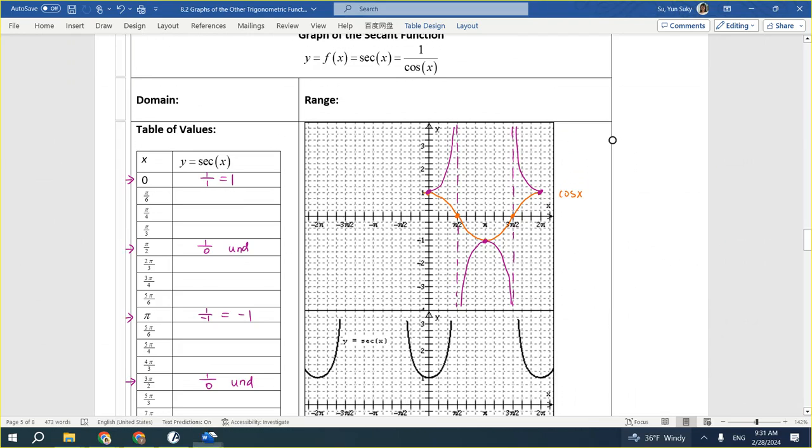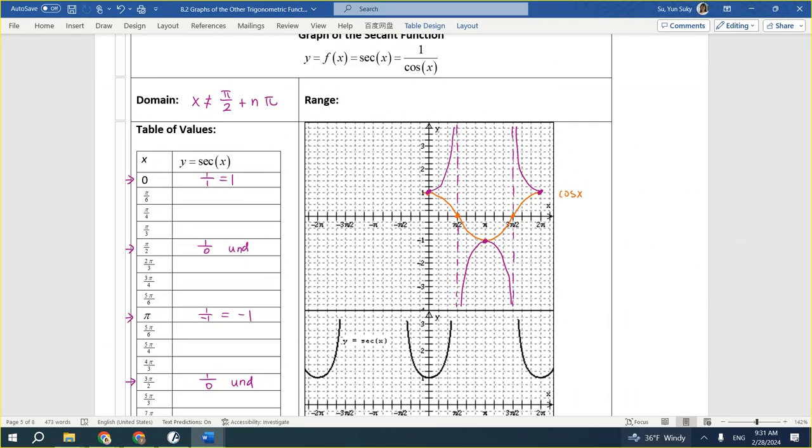So you can say x is not equal to pi over 2 plus n pi, where n is an integer. We have infinitely many vertical asymptotes. So it's pi over 2, and then 3 pi over 2, and minus pi over 2. You can say it's not equal to pi over 2 plus n pi.